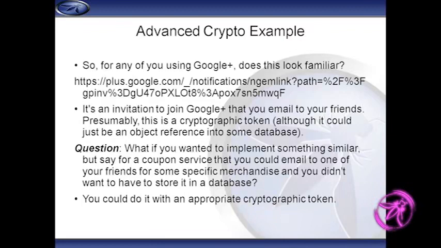With ESAPI, or with anything, you would want to put the authenticated user's name, the target of your friend who you're going to send it to, the merchandise ID to recognize what they're trying to buy or what the coupon's for, the coupon value, expiration date, etc. Basically, if we wanted to make the identities confidential, we make the token unforgeable, secure from tampering, immune to replay attacks, or at least have the ability to make it immune to replays.